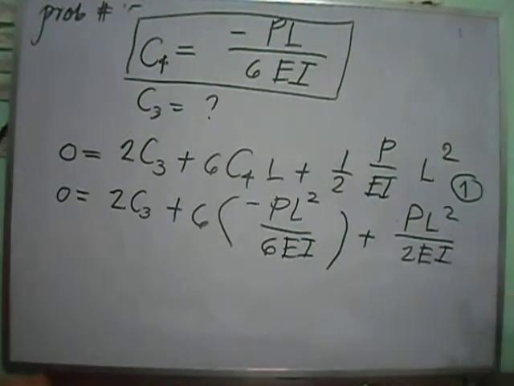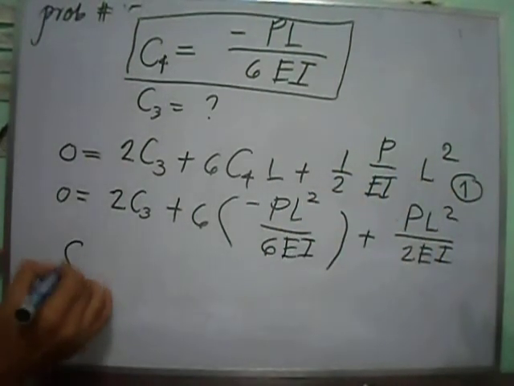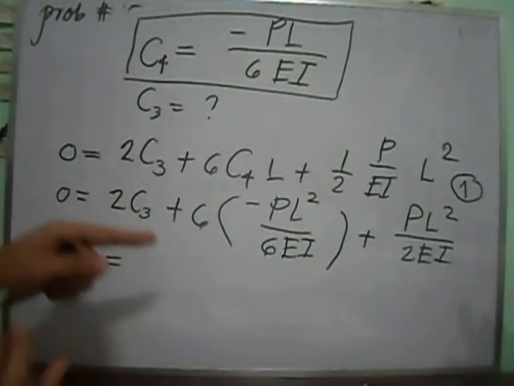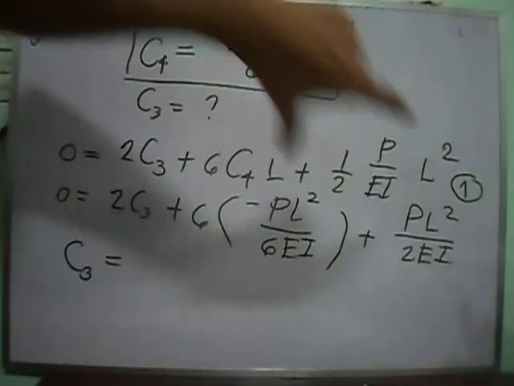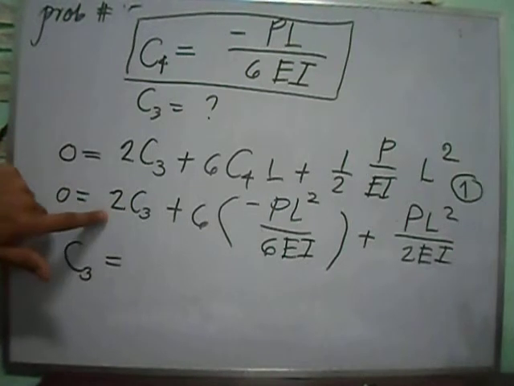Okay, now rearranging, we get C3 equals, then we'll just transpose this one, this 2, this will become negative, and then divide both sides by 2.